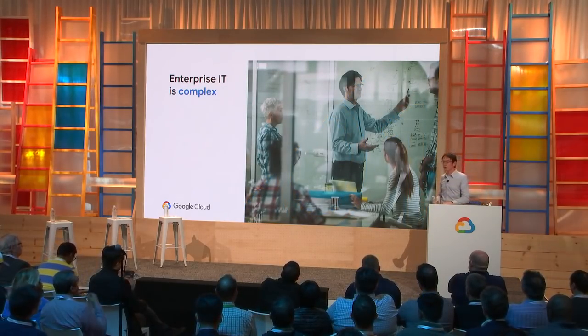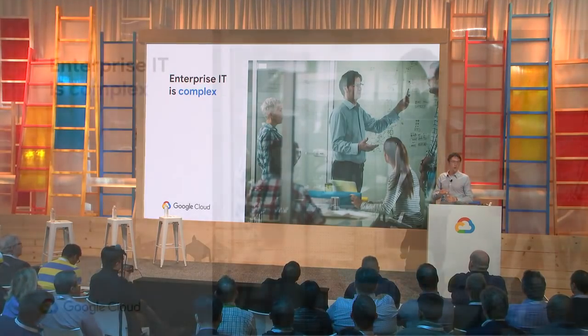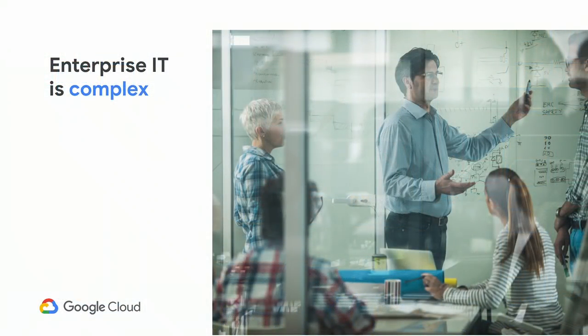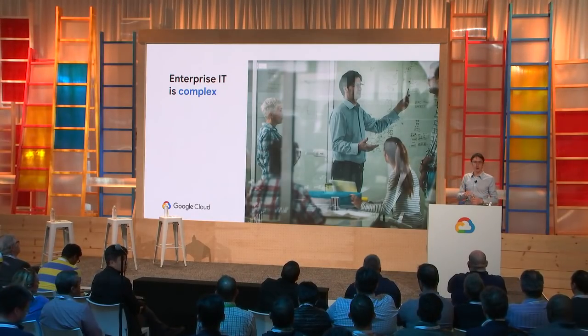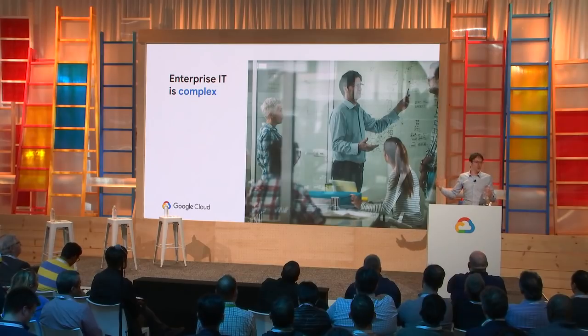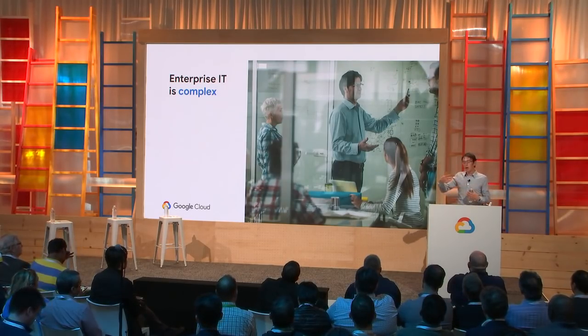Enterprise IT is complex. Why is it complex? Because you're in an environment where you have multiple different systems in your infrastructure. You may have virtualized environments, bare metal, legacy middleware, and you land up in an environment where you have a bunch of things to make work, and you need to make them evolve because you're tasked to evolve the system.